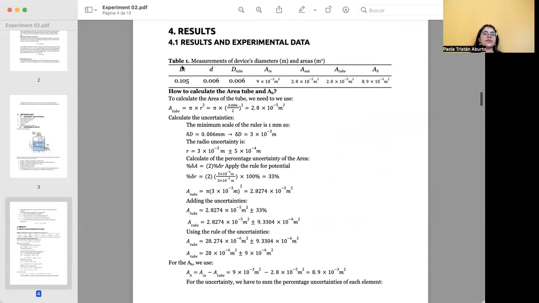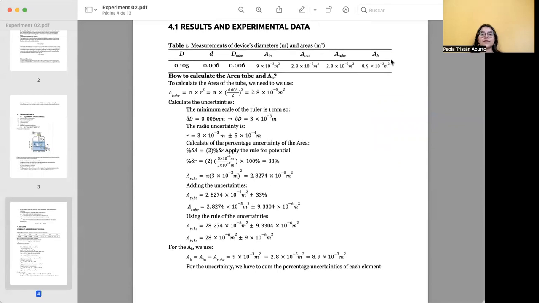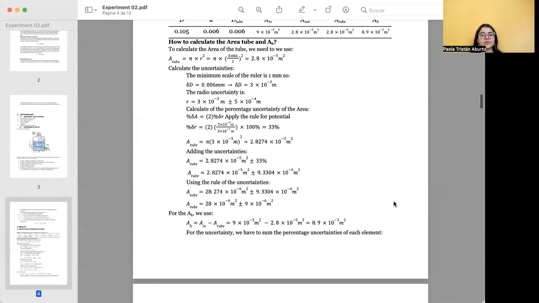Then we made several tables, which contain the measurements of our bottle and the areas. We calculate them in a similar way as we calculated them in experiment 1.